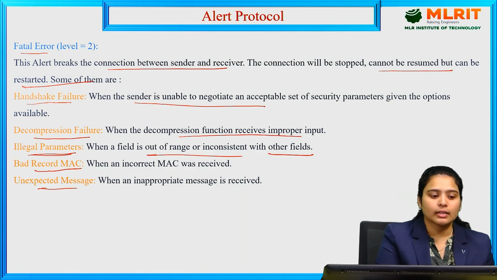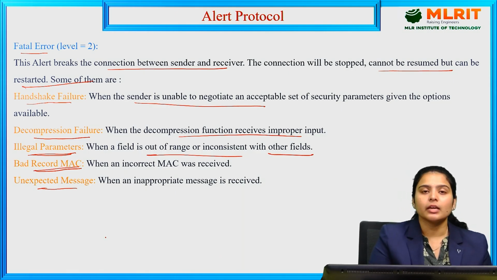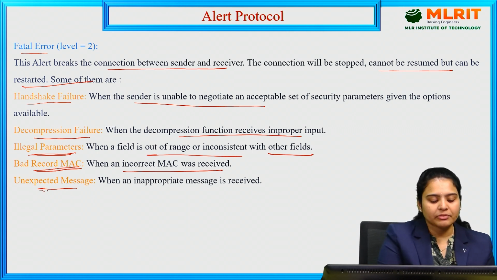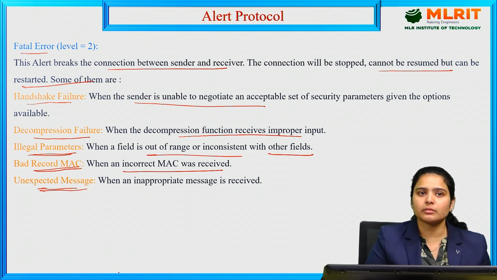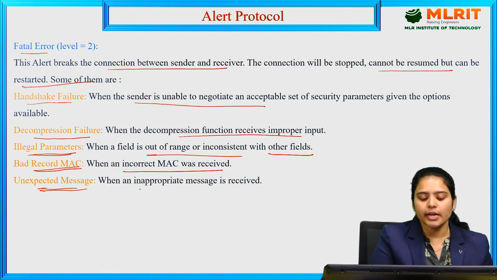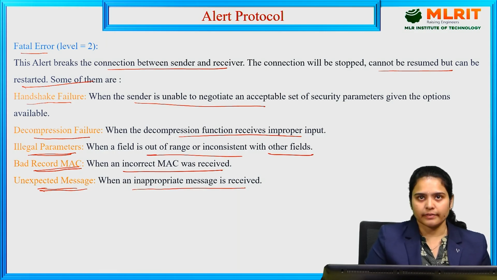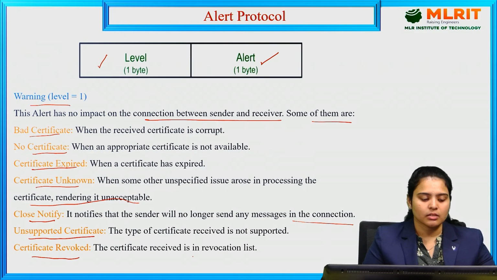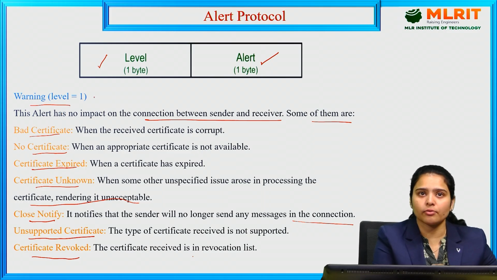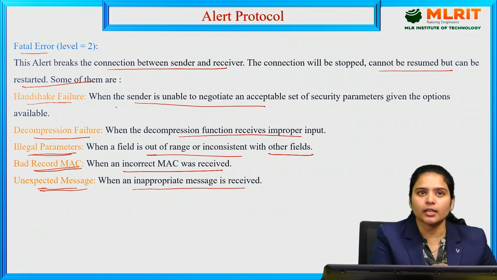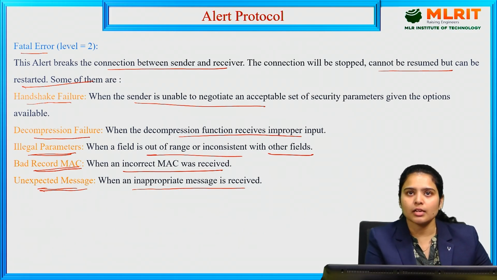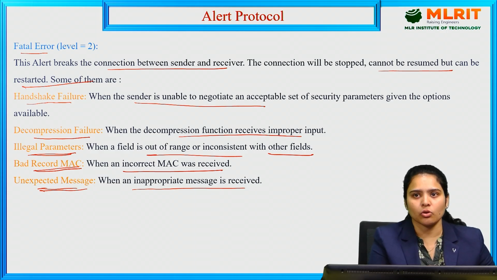Bad record MAC means an incorrect MAC was received. Then unexpected message means an inappropriate message is received. Those are the two levels: first the warning level of 1 byte, and next the fatal error of level 2. These are the two levels in the alert protocol.